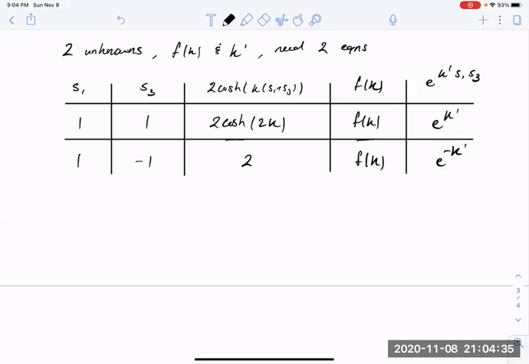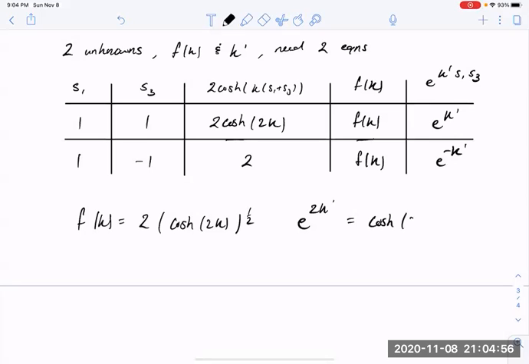We can solve them. Doing so, we find that f of k is equal to twice the square root of hyperbolic cosine of 2k, and e to the 2k prime is equal to hyperbolic cosine of 2k. We have a relationship, a complicated one, mind you, but a relationship nevertheless between k prime and k.